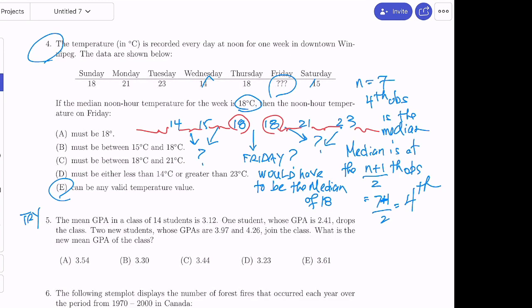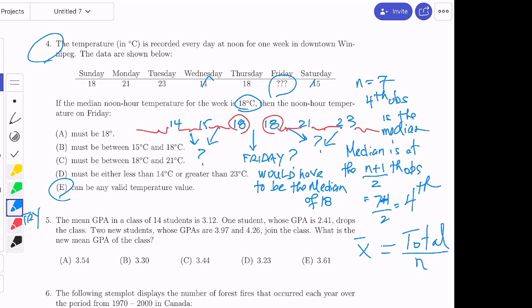So the mean is this, where you take the total sum and you divide by how many there are. Does that make it easier for you? So it turns out what I really want is this.